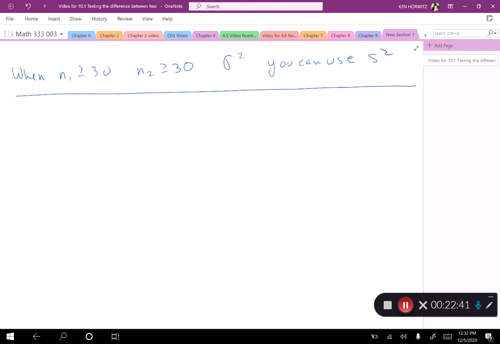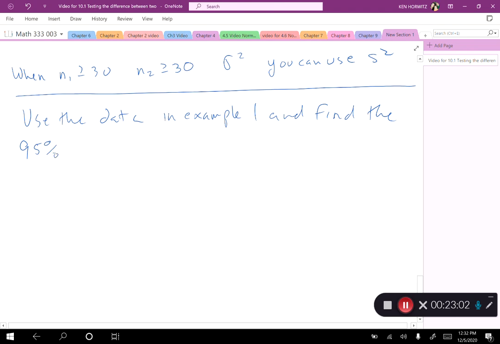So we're going to use the data in example 1, right, and find the 95% confidence interval for the difference of the means.